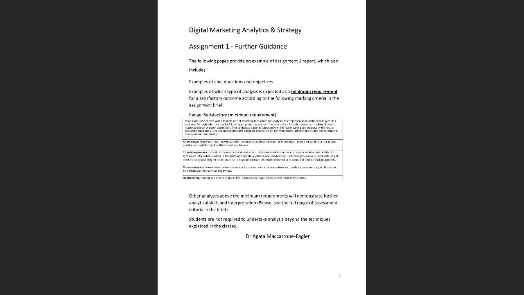And then everything that you do in addition depends on the scale, on the type of cognitive process, because this is very important: the knowledge, the cognitive process, communication. It's not about how many techniques or how many descriptions or how many tables you have put in your assignment.